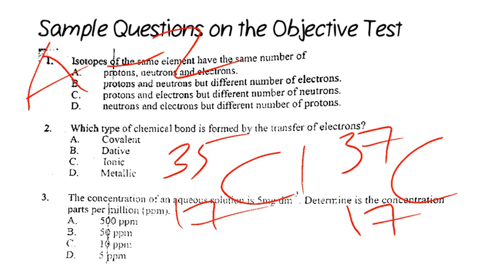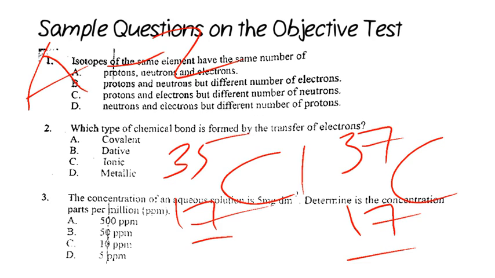Now, the 17 here is what we refer to as the atomic number, and the atomic number represents the number of protons and the number of electrons. This simply tells us that chlorine has 17 protons and 17 electrons. Therefore, there is the same number of protons and the same number of electrons in the two atoms.